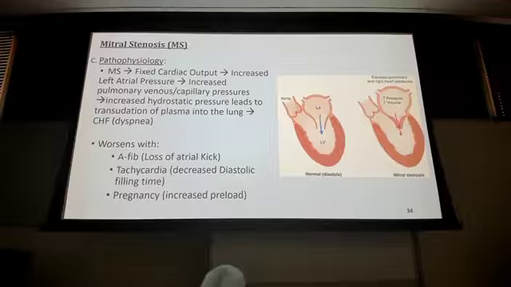But you can imagine if I rely on a higher pressure to get that flow of blood, conditions like AFib, where I lose that atrial kick, can make this condition worse. So this would be the type of patient that when we talk about treatments, we may not want to give them a rate control.